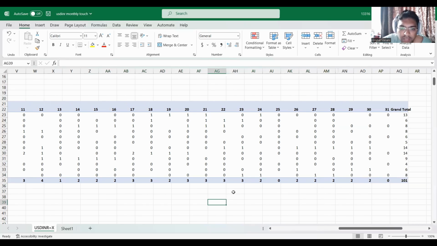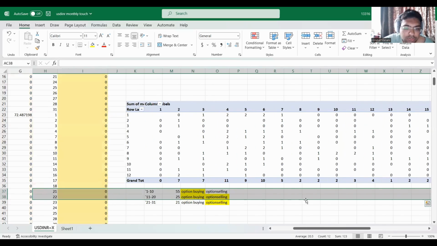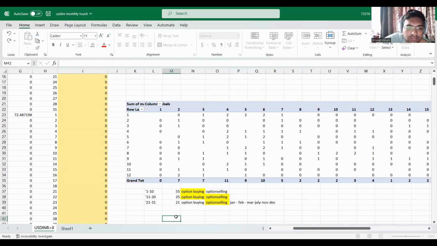So Jan, Feb, March, July, November, December: we can do option selling in these months because there is a higher probability of hitting the monthly open.